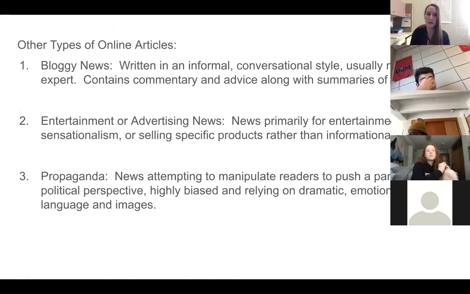So just be aware that this is written more for an entertainment purpose. Be aware of advertising on the sites you're looking at. If all of the advertising is for a particular type of product or perspective, then you want to be wary of it as well, because the site may have an agreement with particular advertising people about what they're going to show.